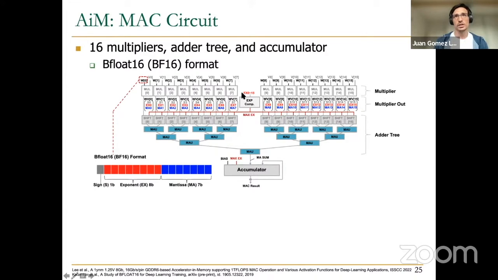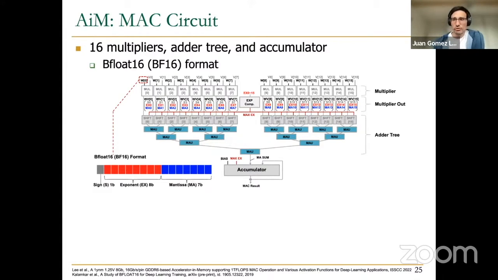Observe that this is essentially like a SIMD unit of 16 lanes. Each of these multipliers produces one result that is represented in the bfloat16 format, composed of its sign, 8 bits of exponent, and 7 bits of mantissa.